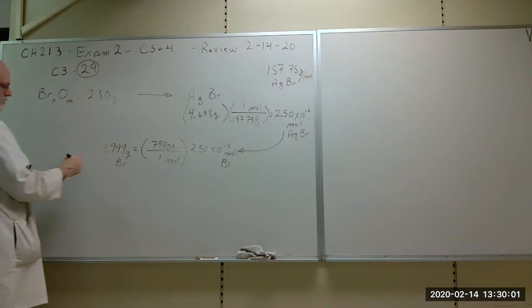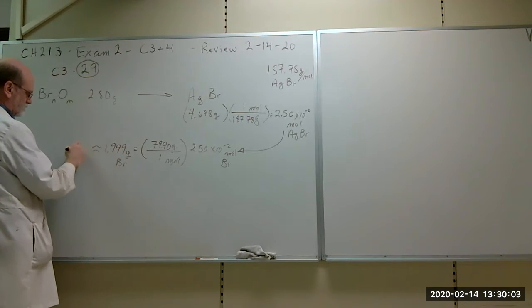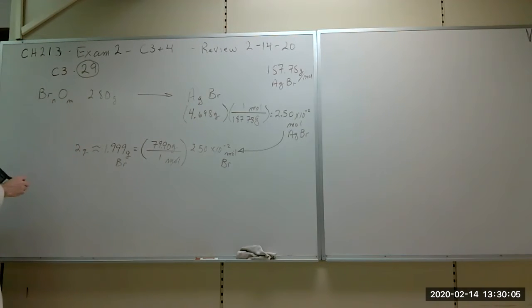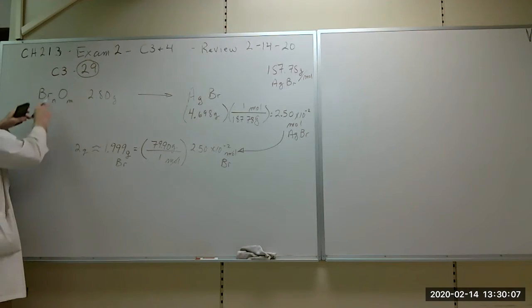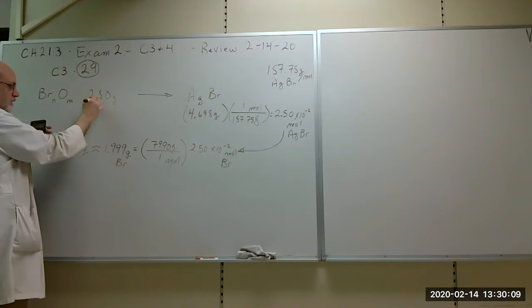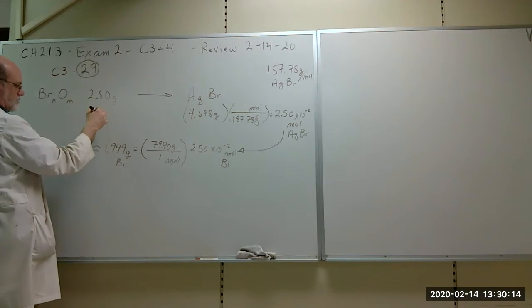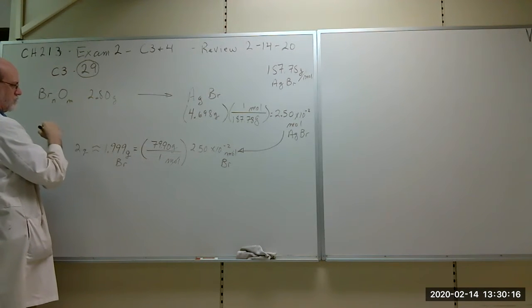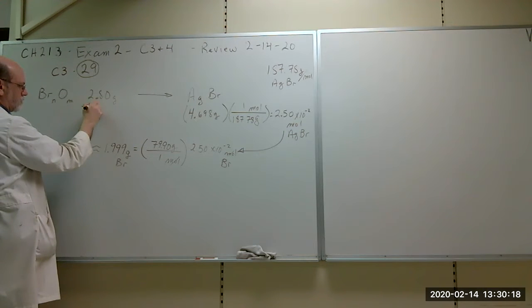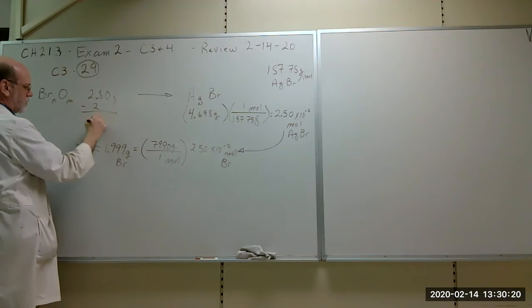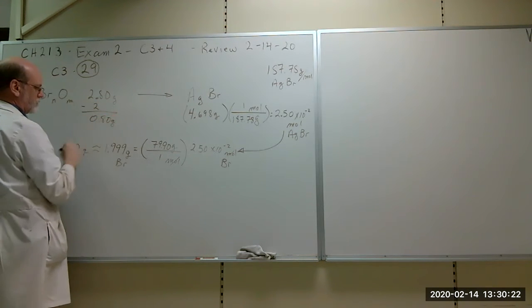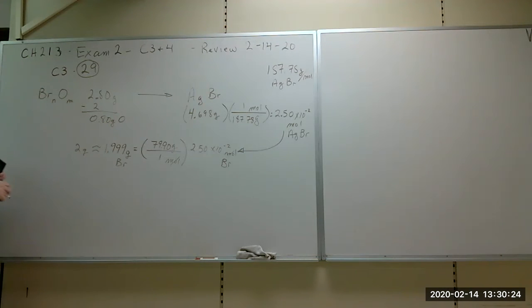Roughly 2 grams. Okay. So if out of this 2.80 grams, 2 grams of it is bromine, how much is oxygen?